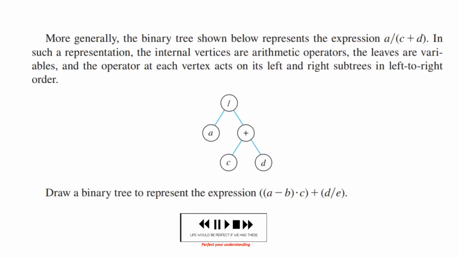More generally, the binary tree shown below represents a more complicated expression: a divided by the sum of c plus d. In such a representation, the internal vertices are algebraic operators and the leaves are variables, and the operator at each vertex acts on its left and right subtrees in left-right order. So the order of operations is represented here.